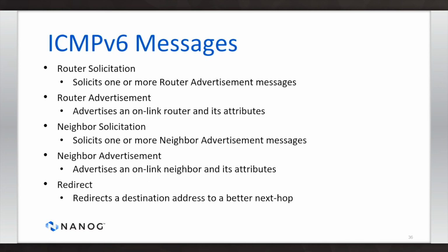It advertises an on-link router, or 2 or 3 or however many there are, and their attributes. There's a neighbor solicitation, and it's a parallel to the router solicitation. It's soliciting a neighbor advertisement message. There's a neighbor advertisement that advertises an on-link neighbor and its attributes. And finally, a redirect message that's pretty much the same as it was in IPv4.